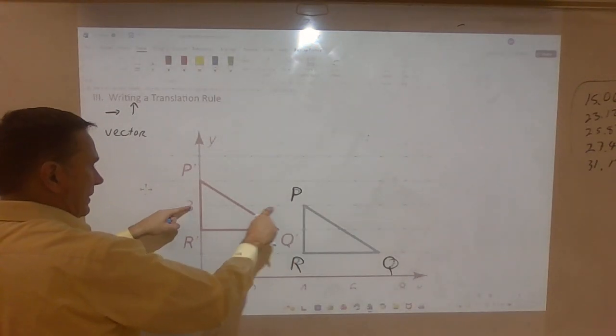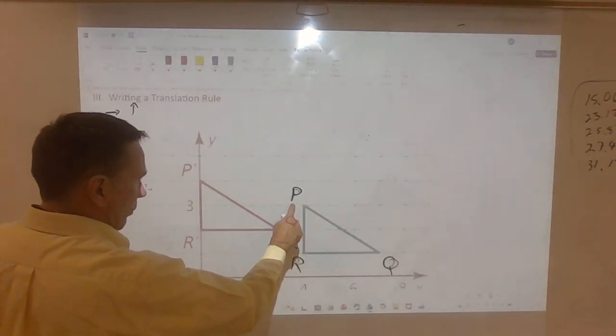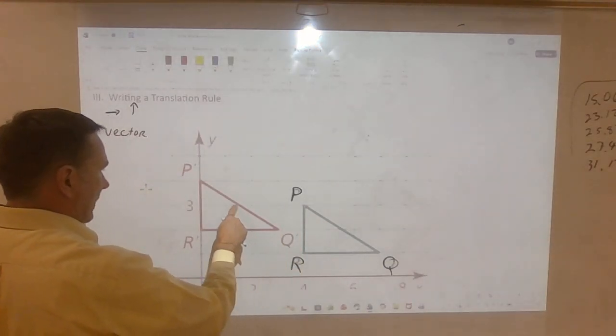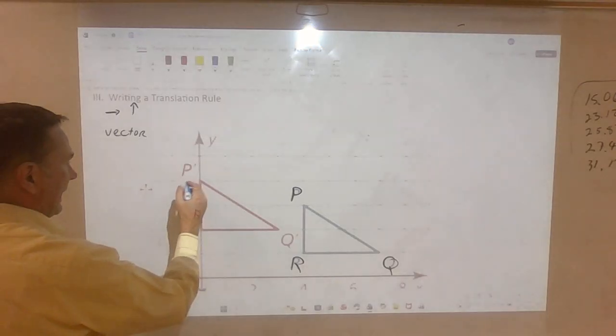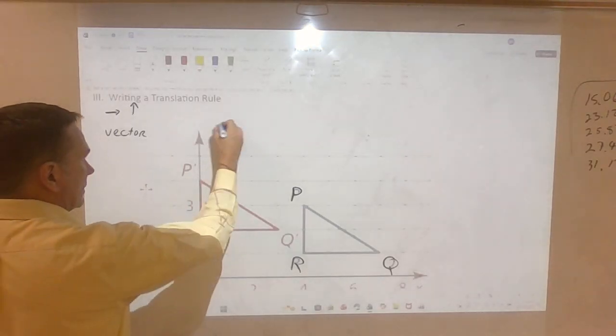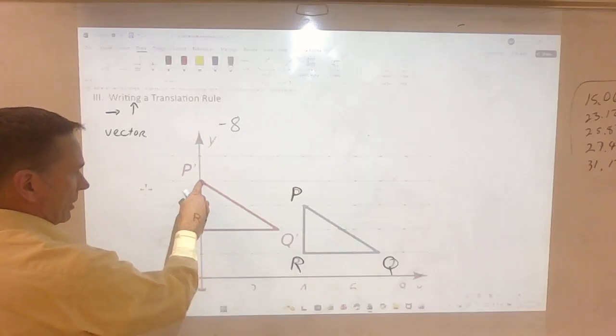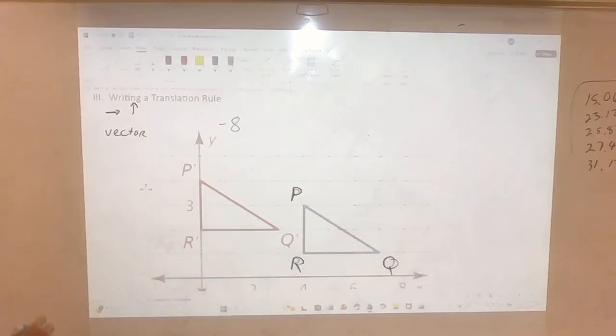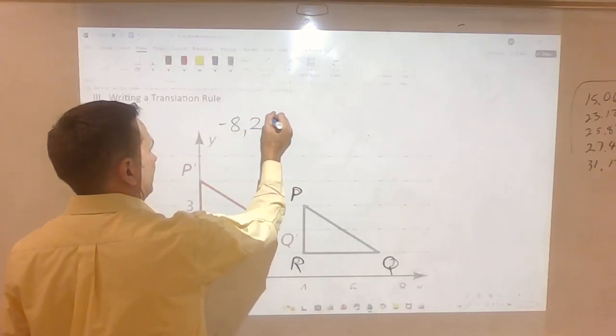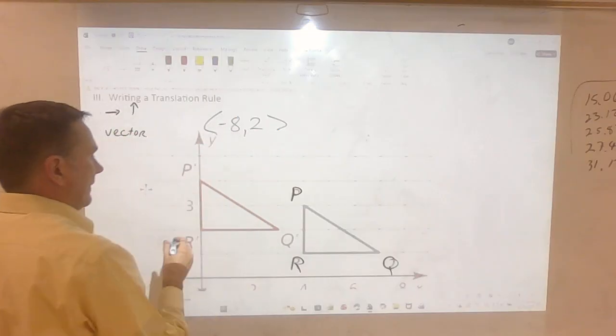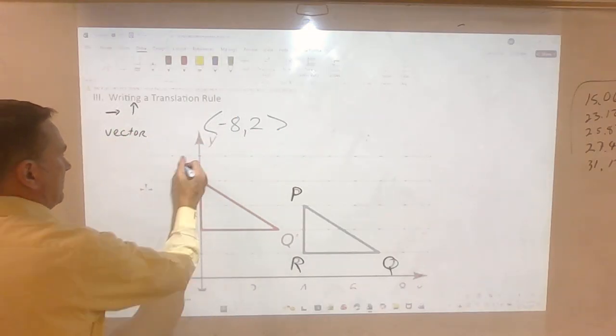We can see that we're moving to the left. So we're going 1, 2, 3, 4, 5, 6, 7, 8 to the left. And we're going up 2. That becomes P prime.